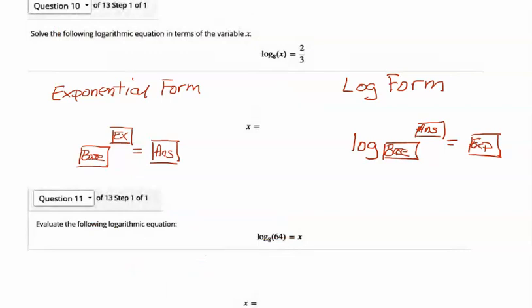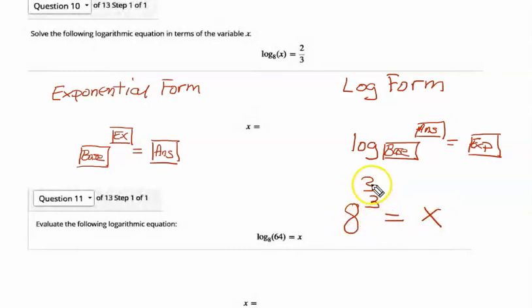Following our protocol, we're going to convert this to its exponential form. And this one is very similar to the one we just did. So our base here is 8. Our exponent is 2/3. And our answer is x.